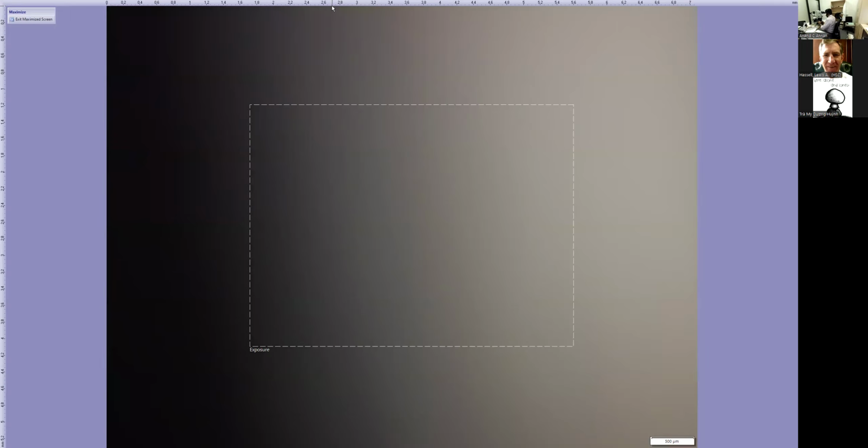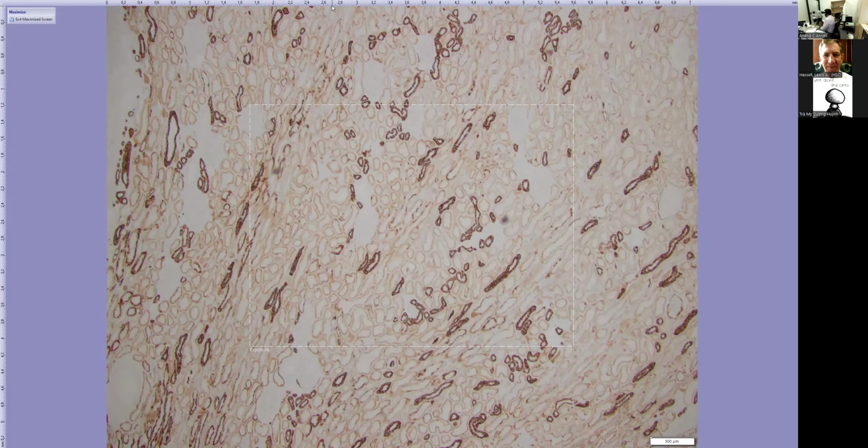I also did the routine markers for renal cell carcinoma like CA9 and CK7, both were negative. Pan-keratin, I wanted to see if it is some kind of epithelial neoplasm or not. And here we have a nice internal control, and the tumor is completely negative. So it was pan-cytokeratin negative.